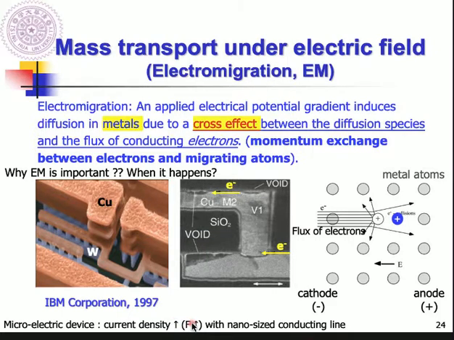As this driving force increases, the current density increase will push more atoms, that will cause mass transport in your metal materials. And you also accompany a void forming within your conducting line, right? So that's why this electromigration is so important.